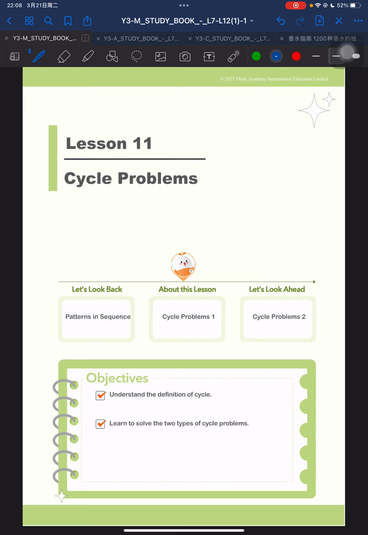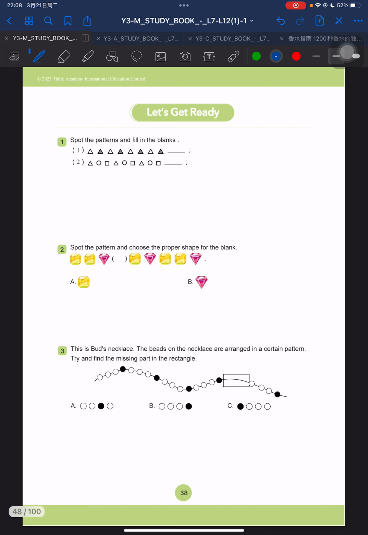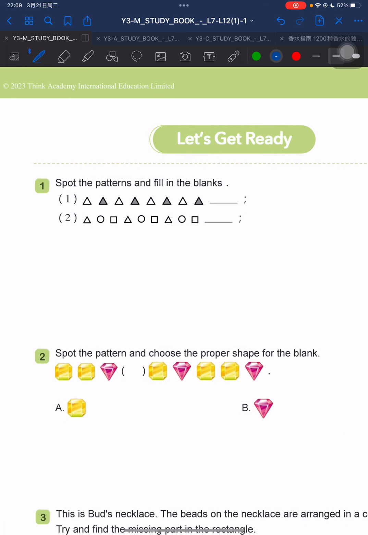So, before that, let's take a look at our let's get ready part. What do we have? Question 1. Spot the patterns and fill in the blanks. So the first question, we have some triangles. Can anybody find the pattern and circle it? Yes, we can. Of course, I find it.